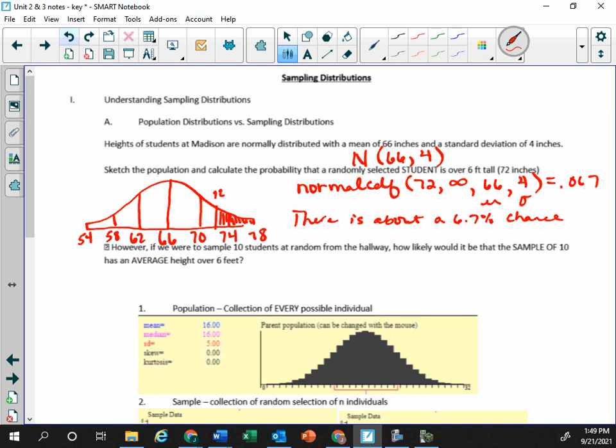So 6.7% chance of selecting a medicine student over 6 feet tall.